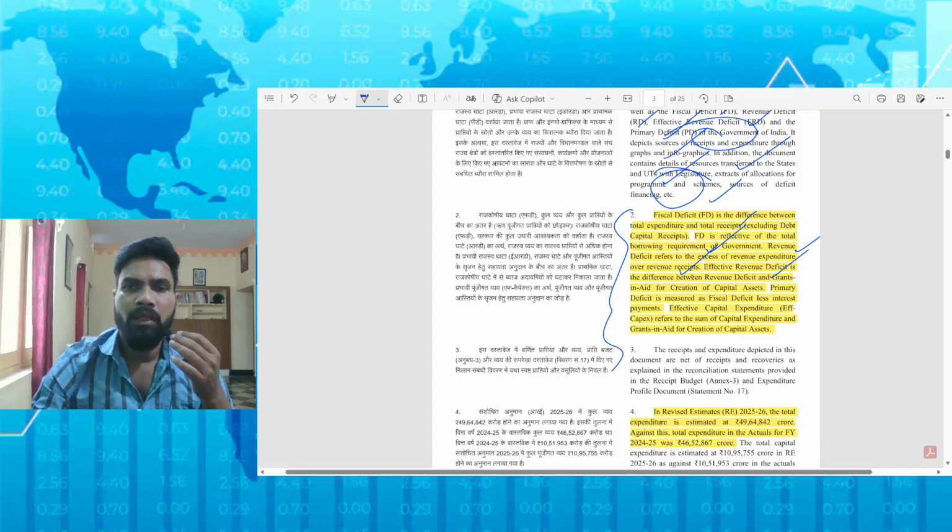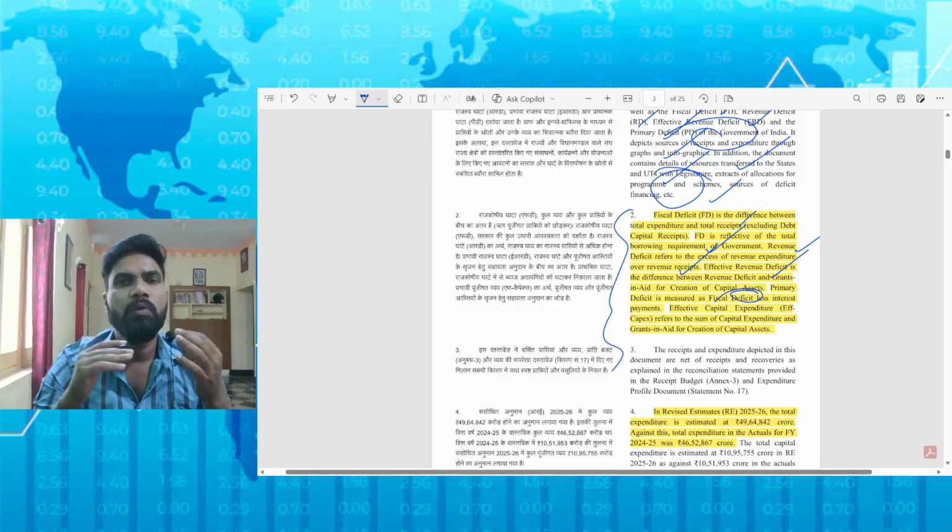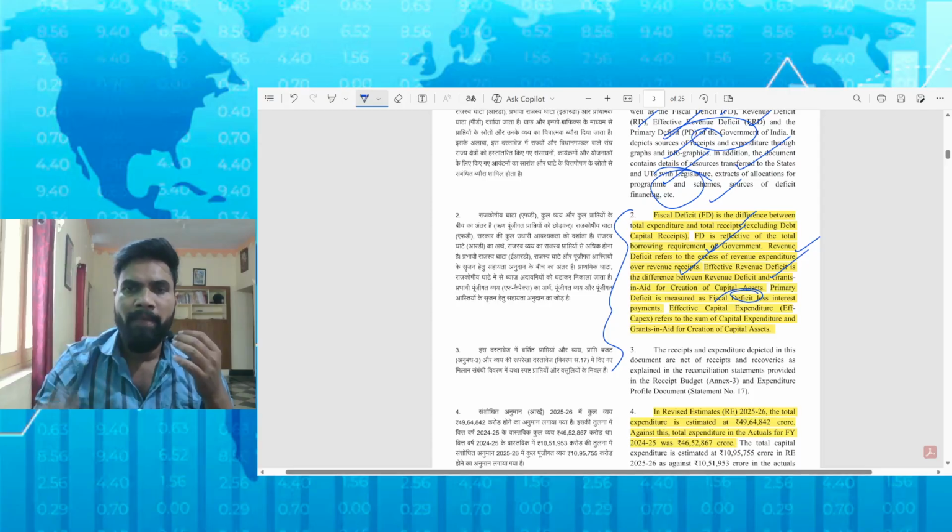Then primary deficit is also there. It is measured as fiscal deficit minus interest payments. From the fiscal deficit, you reduce the interest payment liability, and then you get the primary deficit. Then effective capital expenditure is also there.